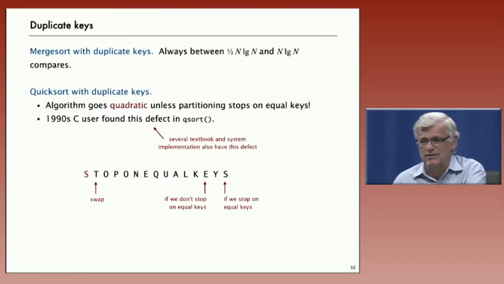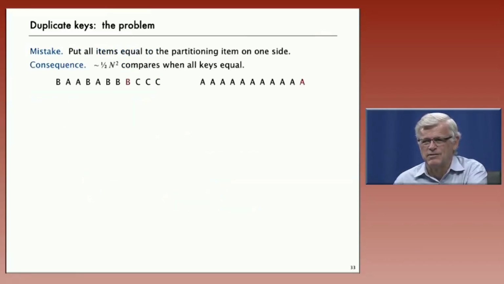That's the standard Quicksort that was in almost all the textbooks. If you did not stop the partitioning on equal keys, it would run in quadratic time. So we want to do better than this.